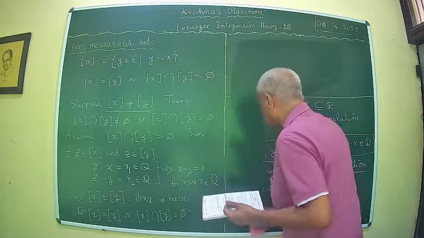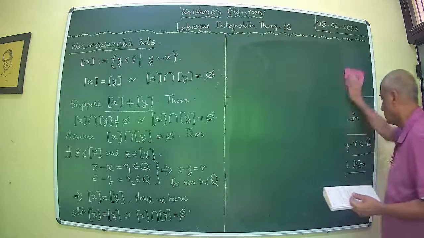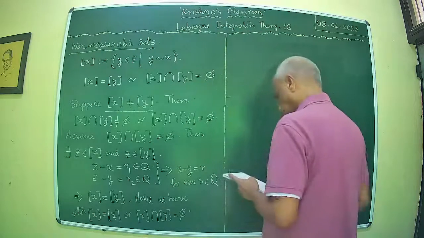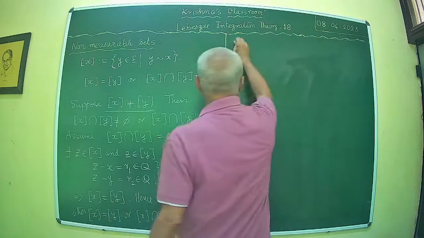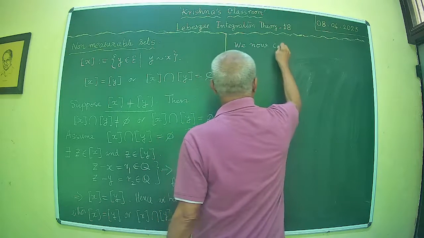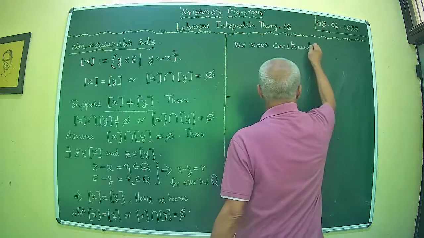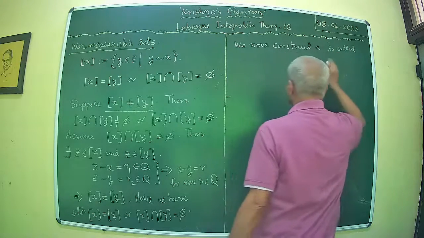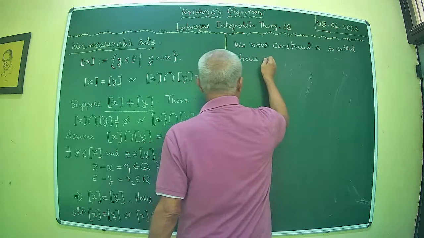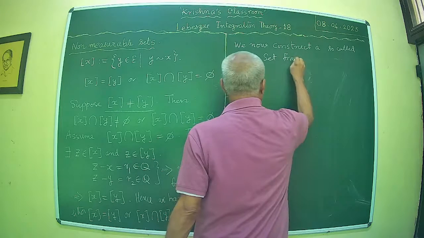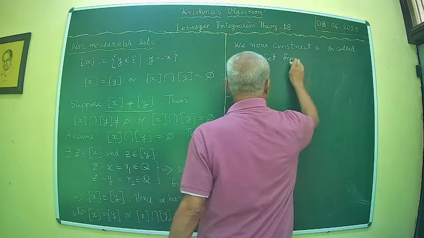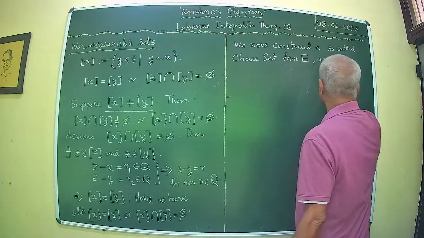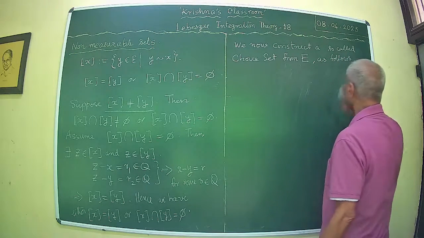Now let me just say what we do next. So we construct what is called the so-called choice set as follows. See, this is what you have.